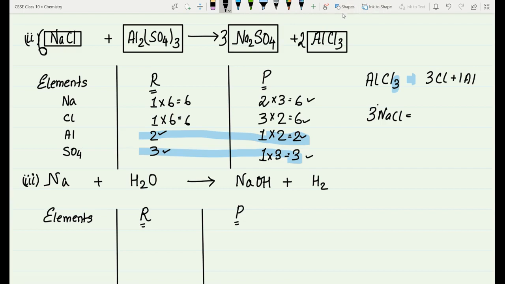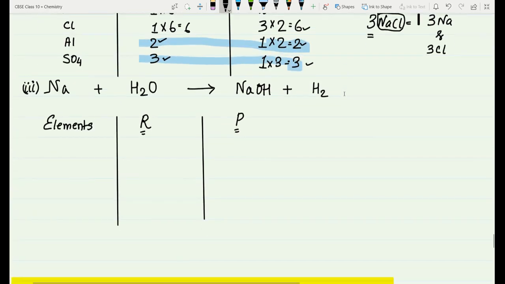Okay, thus we have 3 Na and 3 Cls. Okay, अगर कुछ सामने रहेगा in the front part, then it will be multiplied with the whole compound. If there is something attached to a single element, that will consider only to the element. Okay, cool. Now we will do the last one.